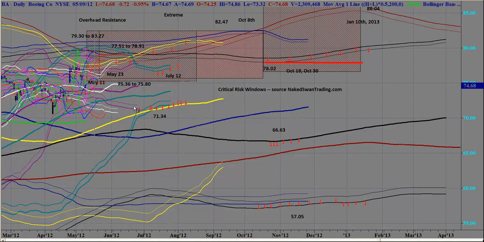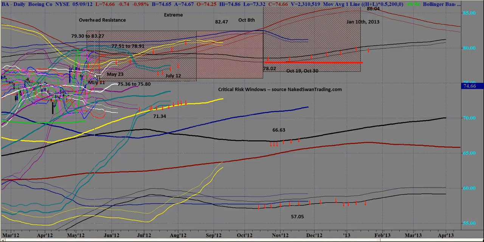Now, what the lower boundaries tell us is that when they start curling up, as I said before, anything sloping up is bearish. So when they start curling up, they won't be acting as support anymore. You can see this morning prices came down and started bouncing off some of these boundaries that are starting to slope down for a period.